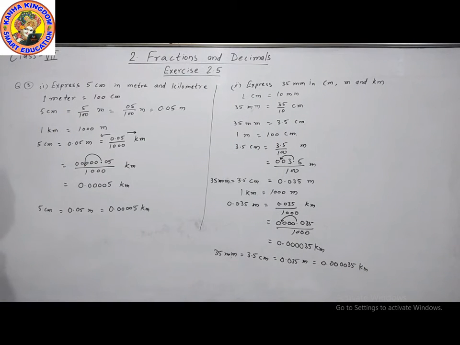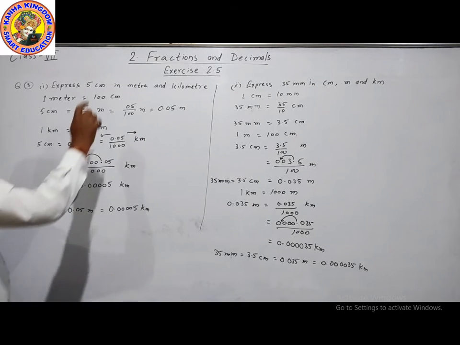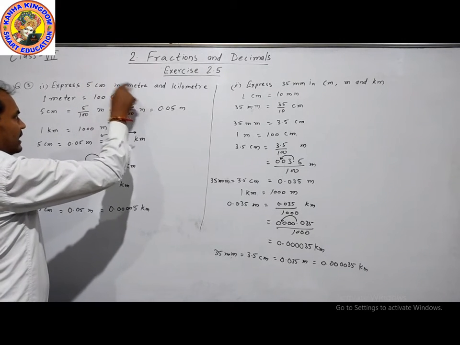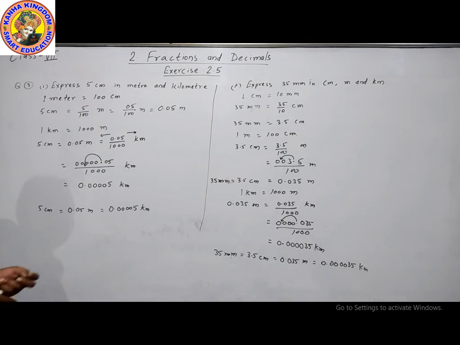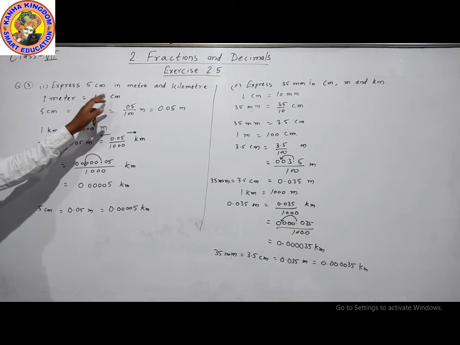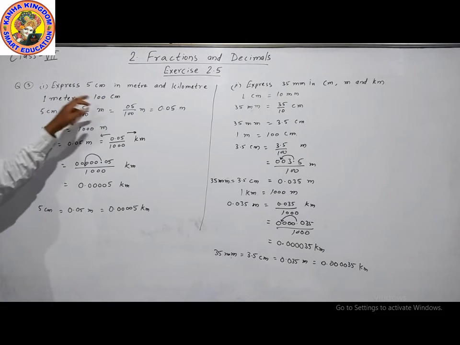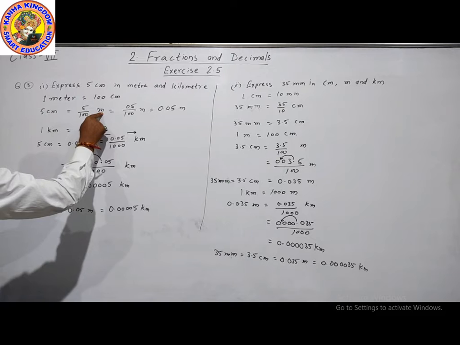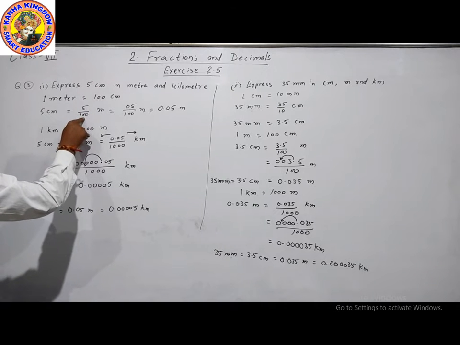So now take beginning from this question, express 5 centimeter in meter and kilometer. First of all, we will note the meter and centimeter relation. 1 meter is equal to 100 centimeter. So centimeter can be converted into meter by dividing by 100. Now the question is 5 centimeter. The answer is written in meter, so we will divide by 100.